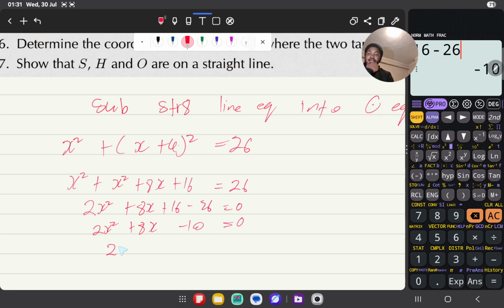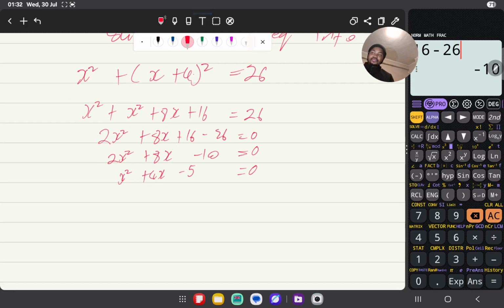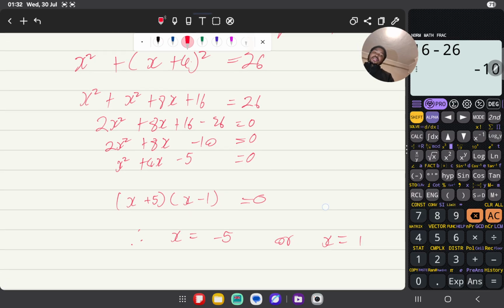Then divide by 2, you have x squared plus 4x minus 5 equals 0. To factorize this, you're going to have x plus 5, x minus 1 equals 0, and therefore x equals minus 5, or x equals 1.